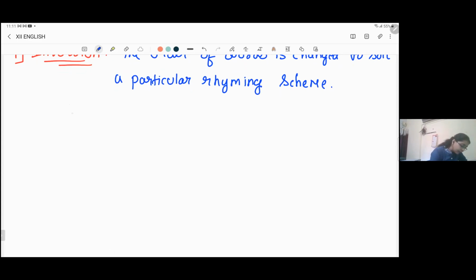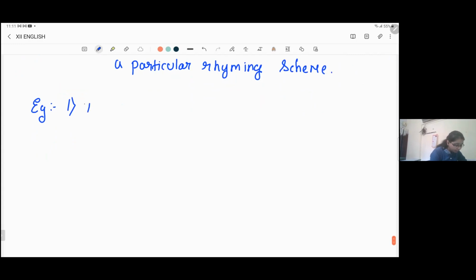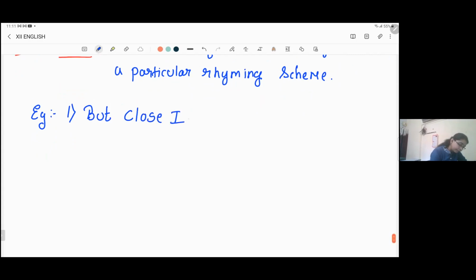Now, you will write the first example. But close I hide. Is this a correct sentence? No, it is not. So now you have to change the words according to the rhyming scheme, and make the sentence into a perfect sentence.